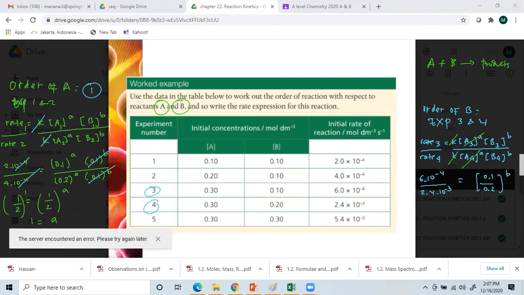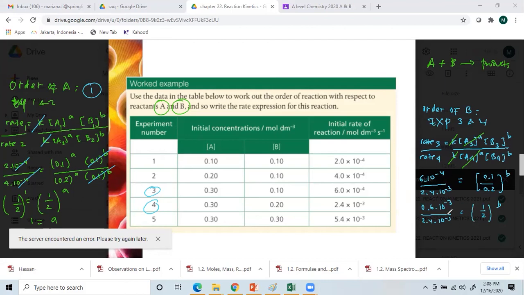Now we can use the calculator. So this is 0.6 times 10 to the power of negative 3 over 2.4 times 10 to the power of negative 3 equals half to the power of b.